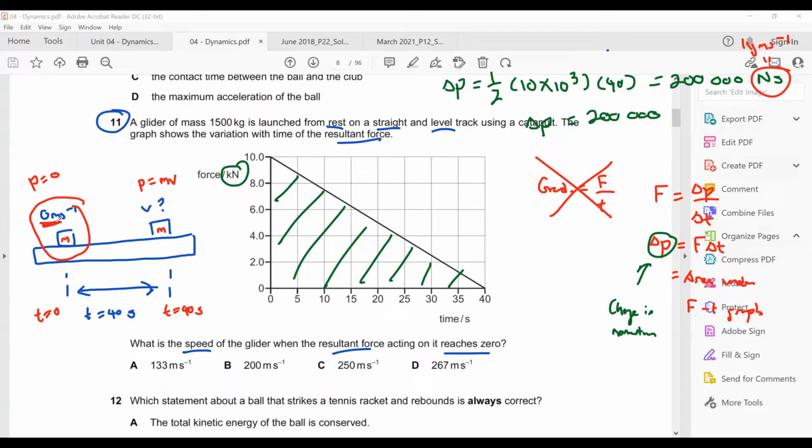Yes, 0, because it's from rest. If it's from rest, it's 0. Your momentum here is 0. But then you are interested in here, right? So your momentum here is mv.